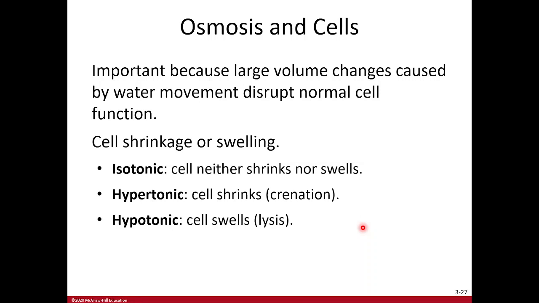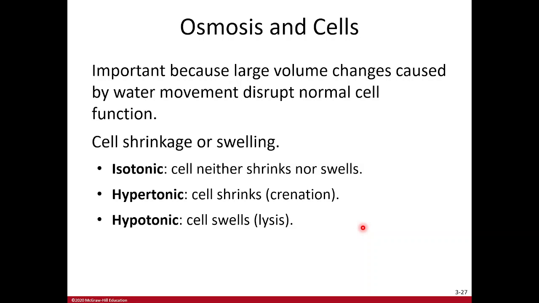Now, these concepts are important to understand because once you have cells placed in different types of solutions, you can have different responses of the cell. For instance, if you put the cells in the normal solution where they usually are, if you don't change the number of solutes, what we call an isotonic solution, the cells will neither gain nor lose volume, water.